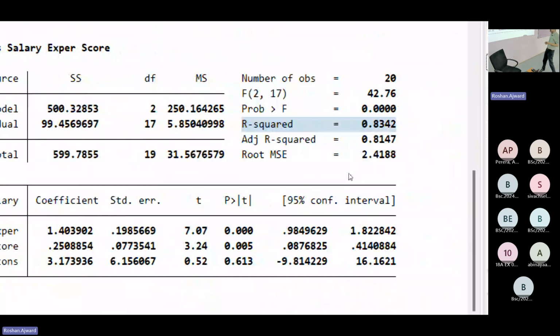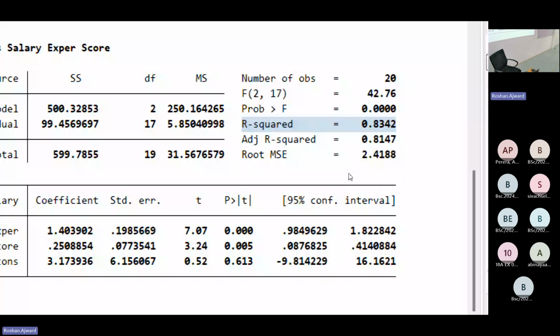Usually we express this value not as a fraction but as a percentage. So if we convert this 0.8342 to a percentage, what's the value? 83.42. According to this, R square is equal to 83.42%.